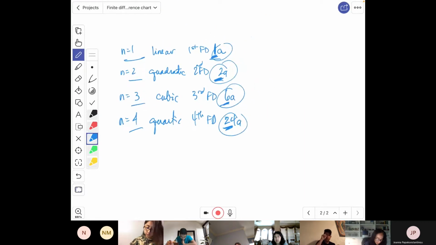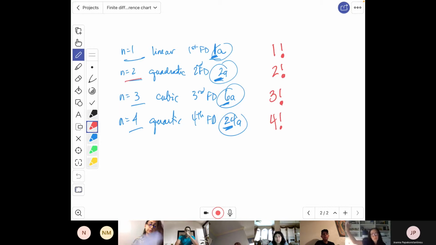If n equals 1, I'm going to calculate 1 factorial. If n equals 2, 2 factorial, 3 factorial. So depending on what your degree, your highest exponent of x is, that's the factorial that you're going to take, so we know what that nth finite difference is.